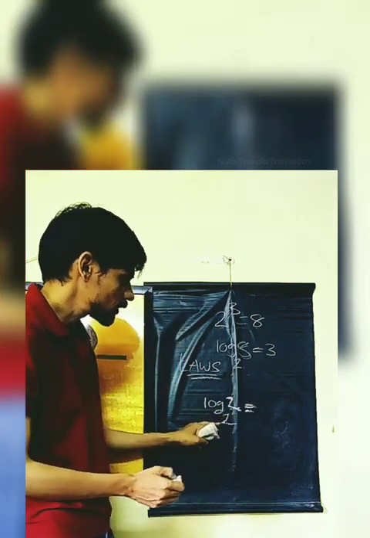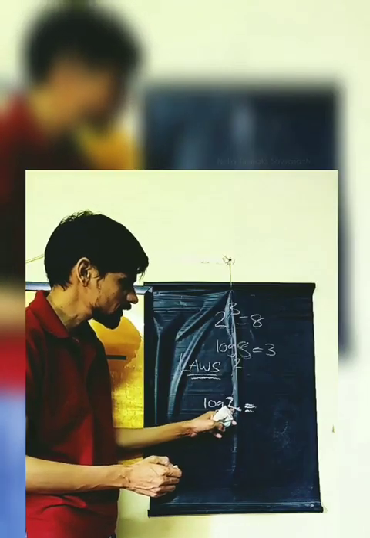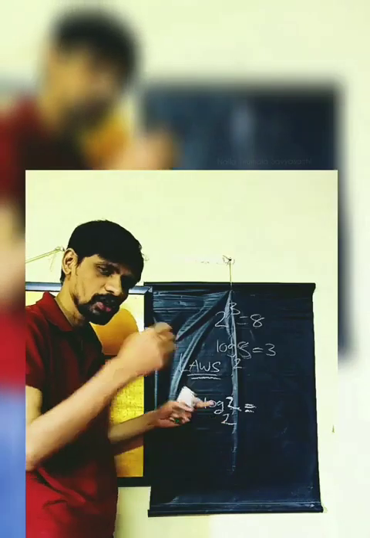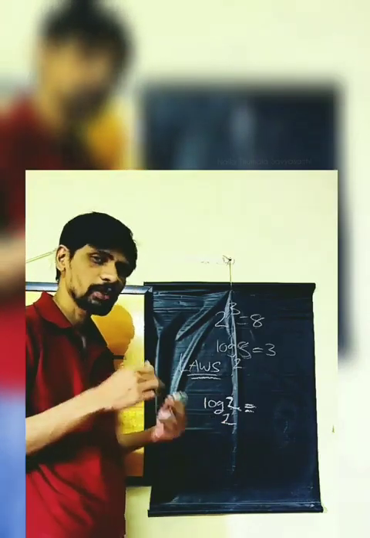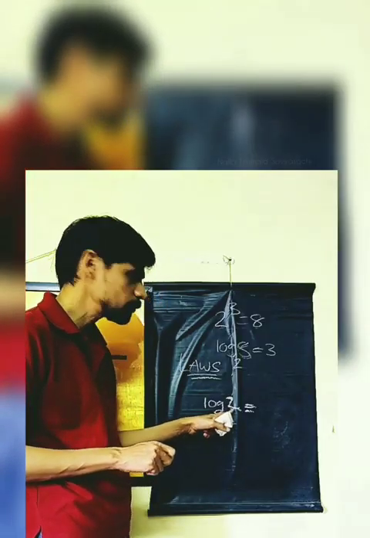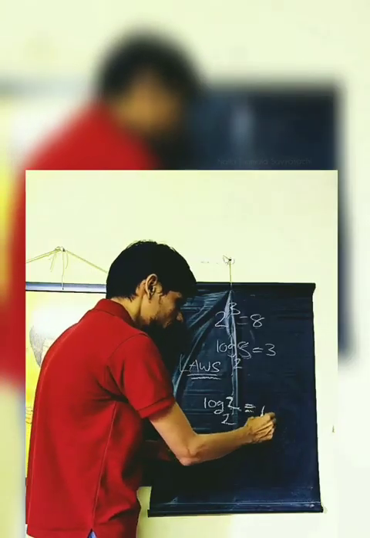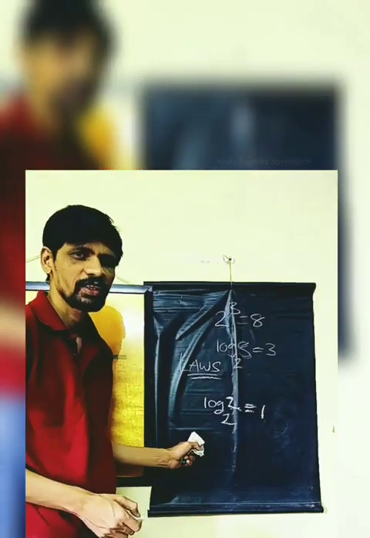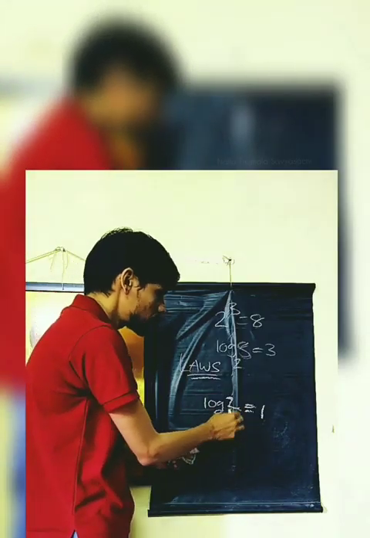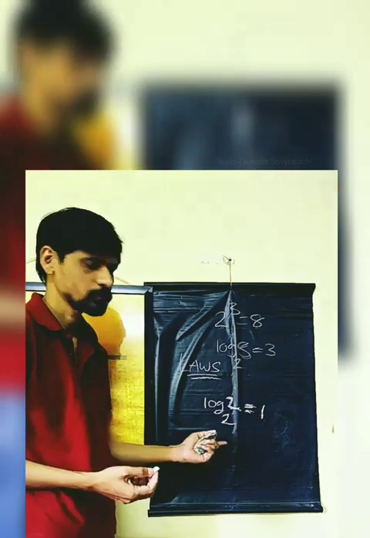See what I am saying: my growth rate is 2, and in a given amount of time I want to become 2. Already my existing position is 2, and I want to become 2. What does that mean? That means 1, right? It always leads to 1. My growth rate is 2 and I want to become 2, that means 1 time.